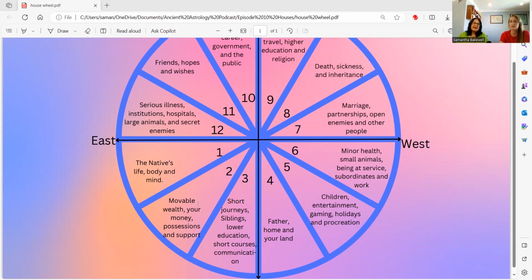So the second house is wealth, movable wealth. It sort of makes sense, because you do need money and support in life, but you don't need it as much as you need your body and your mind. It's nice to have, but you can get by sometimes without it. Sometimes you'll have a lot, sometimes not.